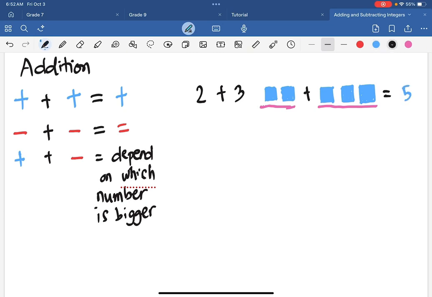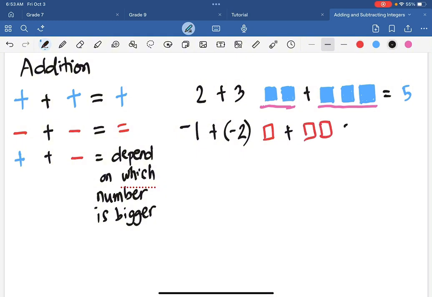Now let's also have negative numbers here. Same concept. If we have negative 1 plus negative 2, we could illustrate this by using boxes again. So we have box 1 plus another 2 boxes of negative.